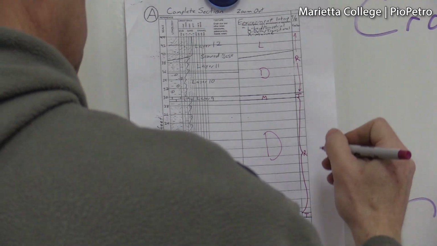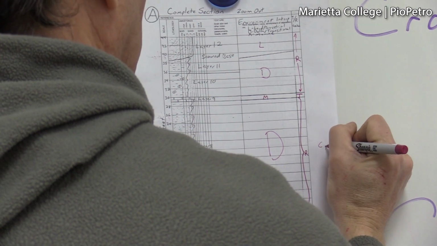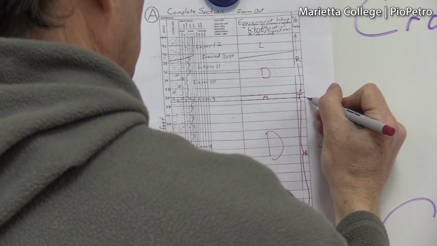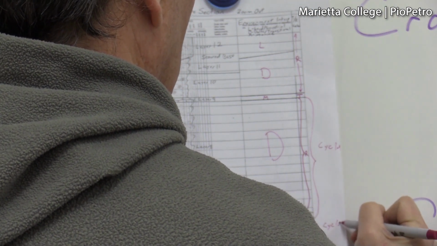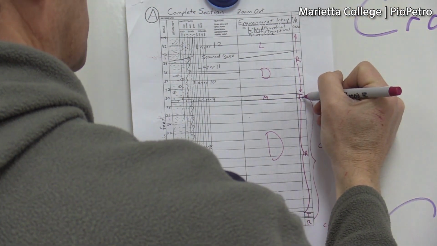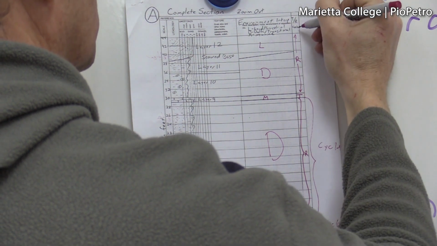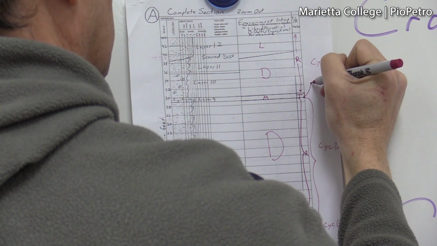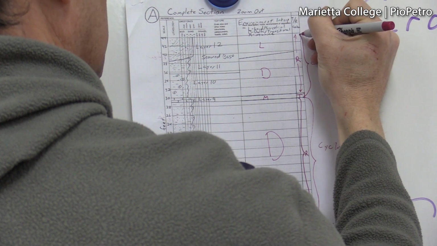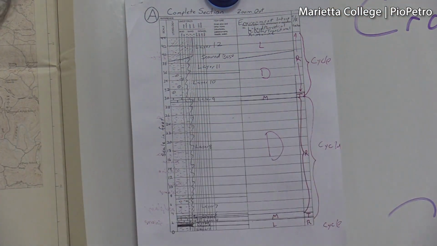So here's a cycle going from here down to there, and there's a cycle down here. And then here's a cycle up here where we have the transgression and then the regression. Like that. So what we have here are 2.5 cycles.